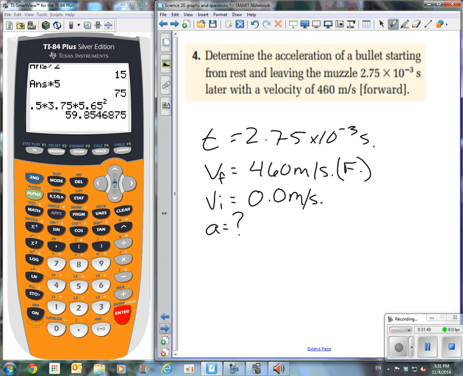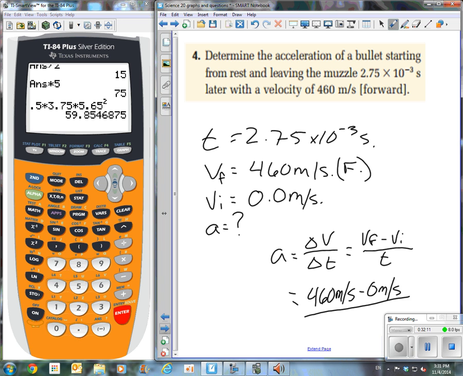So I'm going to look at my data booklet here, and I see that acceleration equals a change in velocity over a change in time. So that means v_f minus v_i all over t. So v_f is 460 meters per second minus 0 meters per second, all over a time of 2.75 times 10 to the negative 3 seconds.